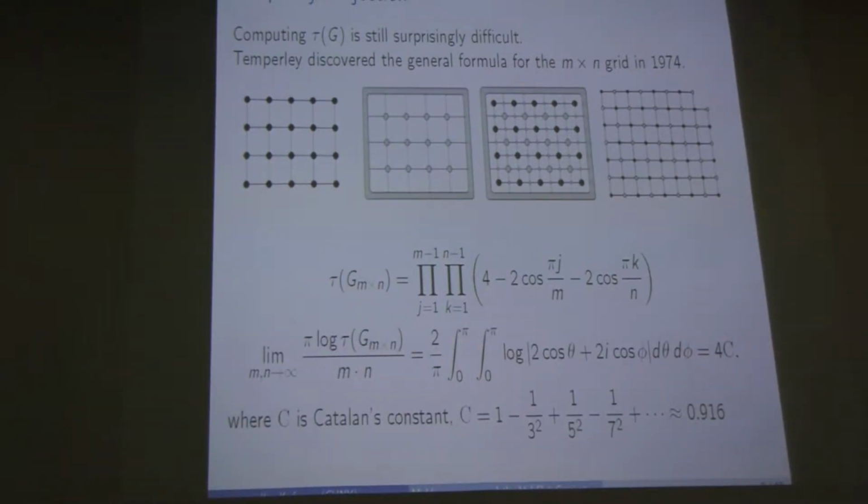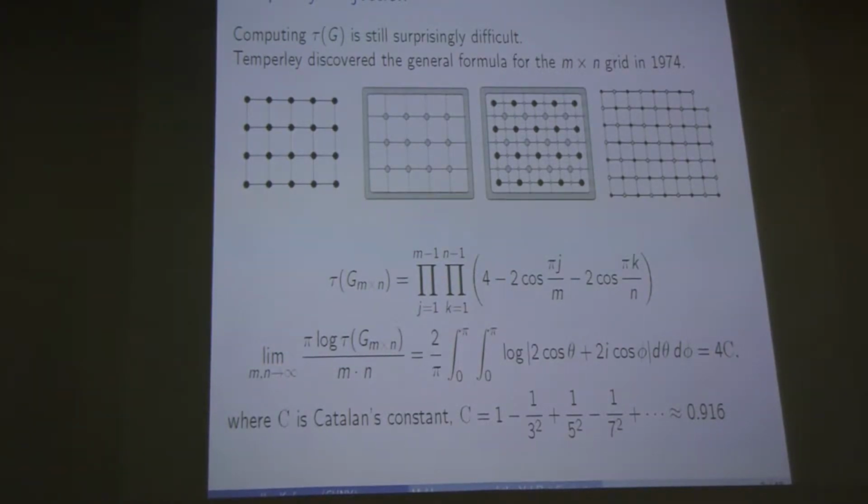And if you apply some number theory and basically treat this as a Riemann sum and then apply some analytic number theory, what you get is the spanning tree entropy, right? In this case, it's pi times the log of the number of spanning trees divided by the number of vertices. This is the spanning tree entropy as the number of vertices goes to infinity, so of the infinite square grid.